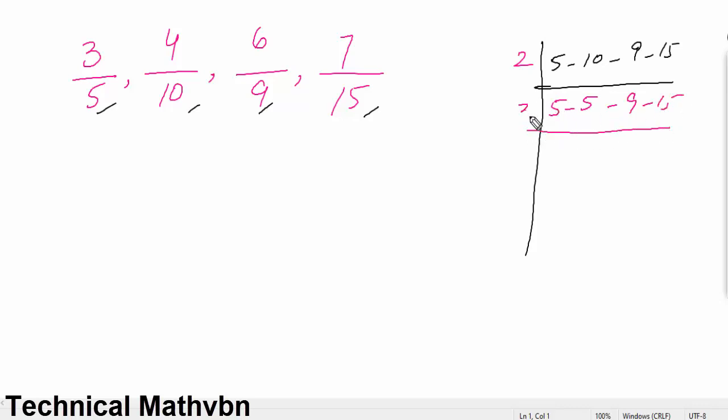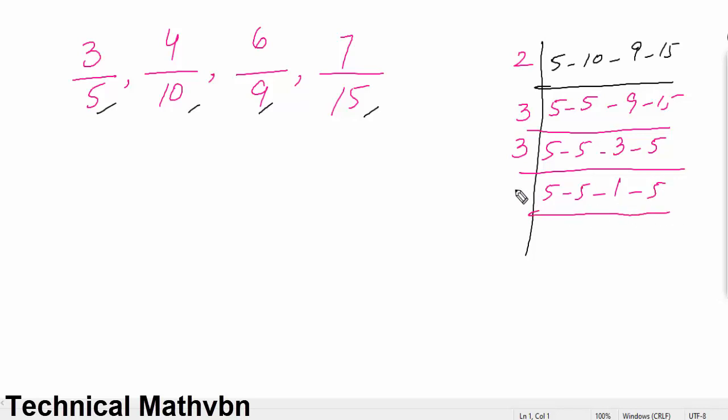Again divide by 3: 5, 5, 3 threes are 9, 3 fives are 15. Again divide by 3: 3 ones are 3, 5, 1, 1, 1, 1. Now multiply all these prime factors. 2 threes are 6, 6 threes are 18, 18 fives are 90. So in this situation the LCM is 90.